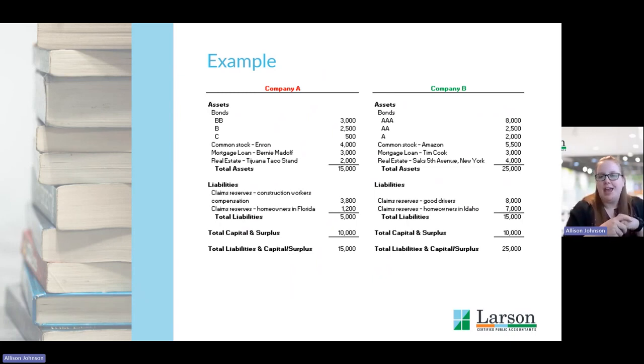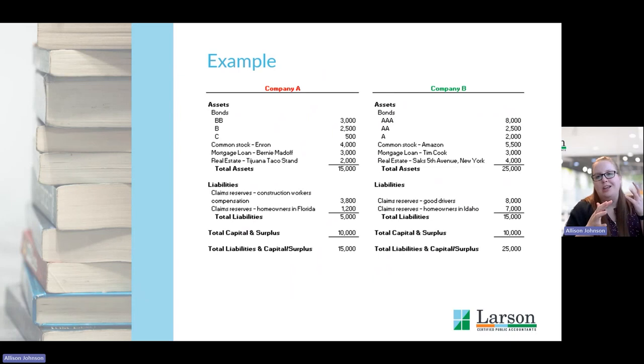The assets of Company A are lower quality bonds and other lower quality investments, whereas Company B is in investment grade bonds and higher quality stocks, loans, and real estate.